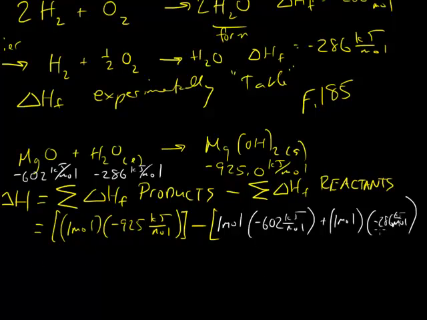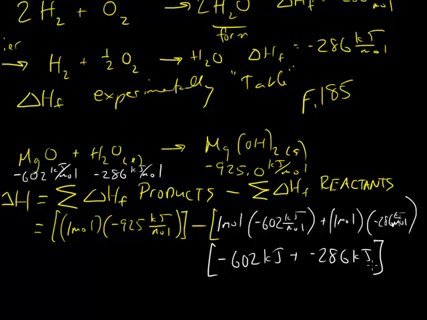Now we need to add these two up first. Using a scientific calculator makes this step a lot easier. All we do here is take 1 times negative 602, which equals negative 602 kilojoules, plus negative 286 kilojoules.